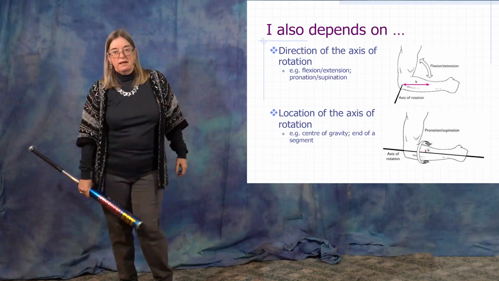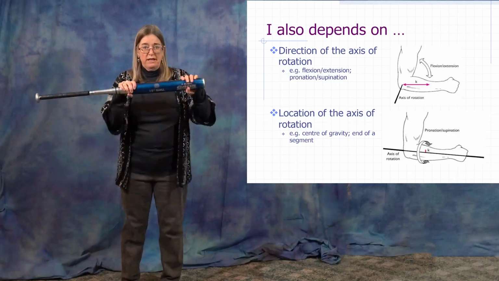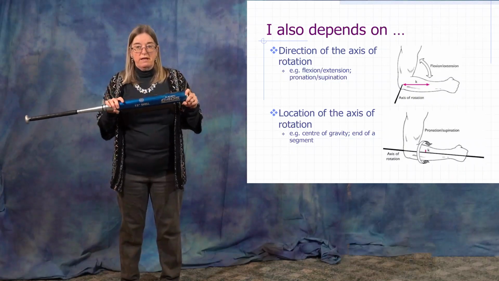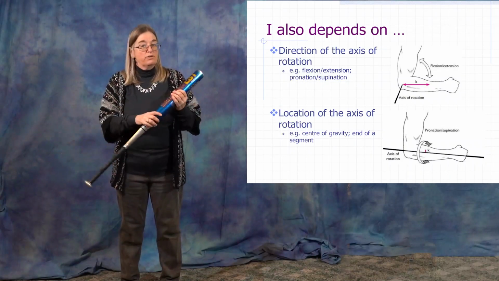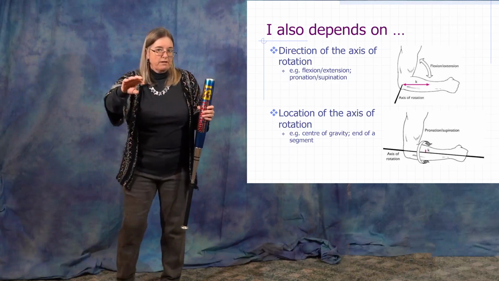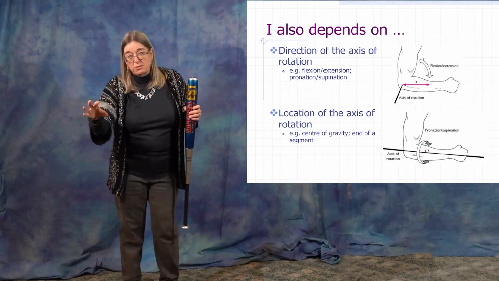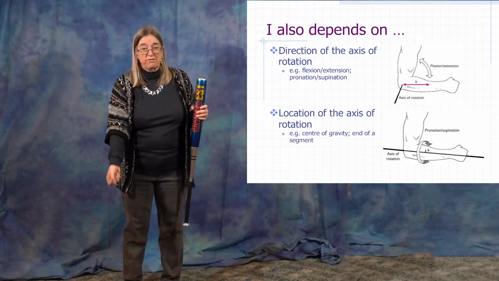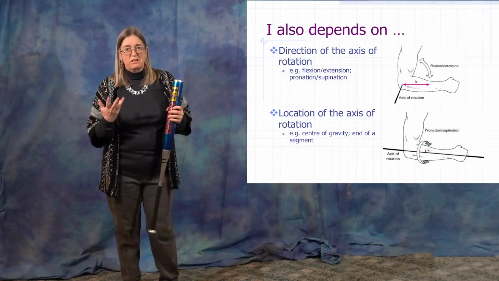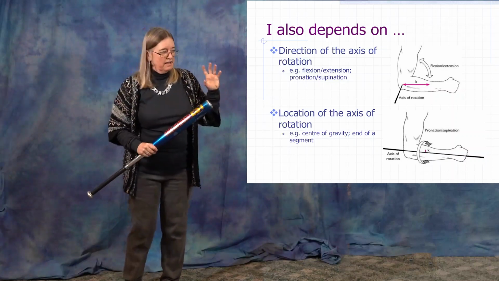So clearly the direction of the axis is going to have an effect, and you can think of that in body parts. So if I'm doing pronation supination versus flexion extension, you can see there's going to be a much greater moment of inertia in that.